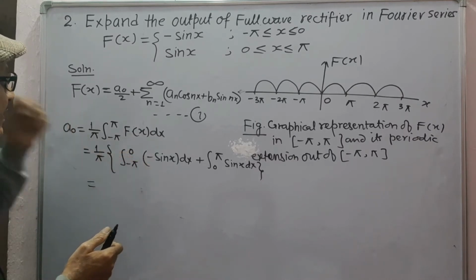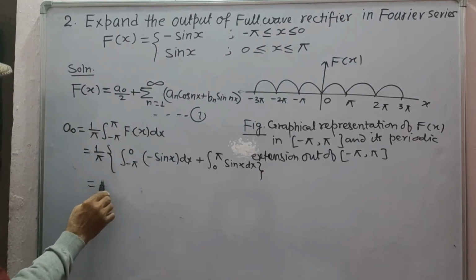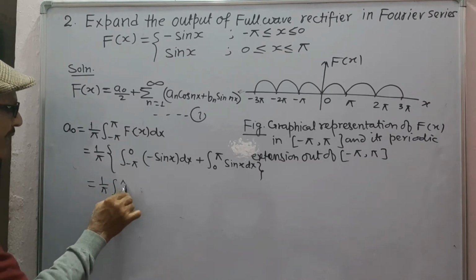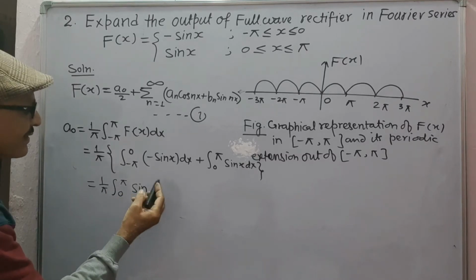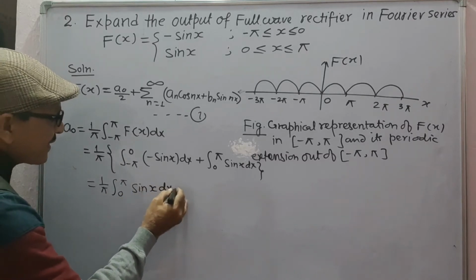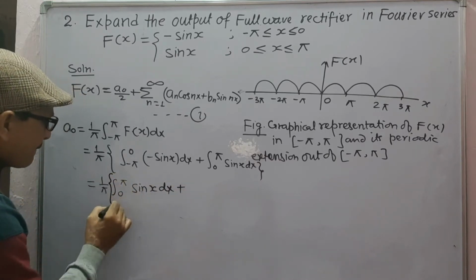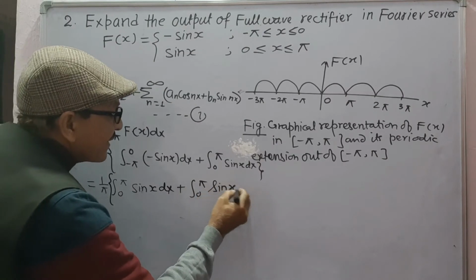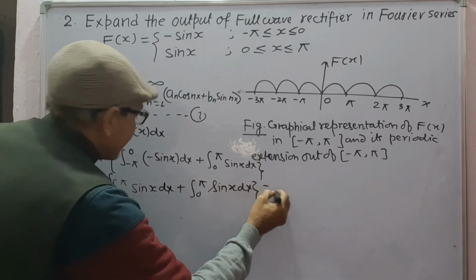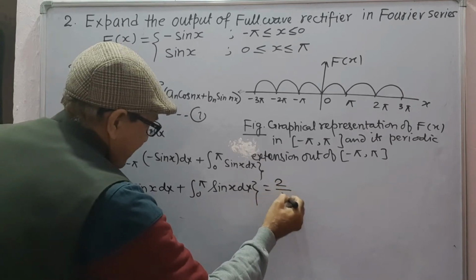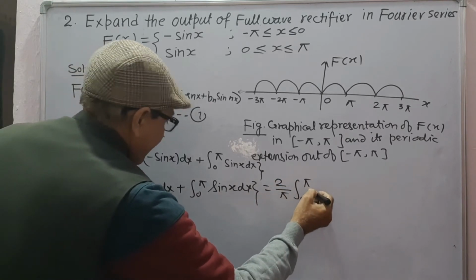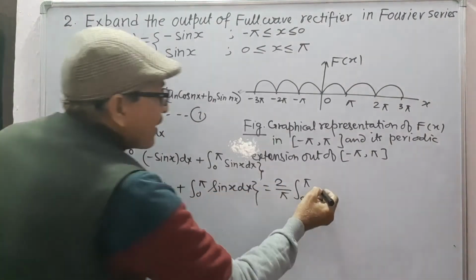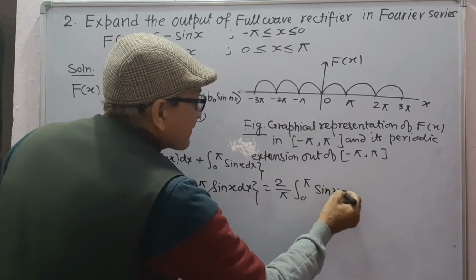This minus into this minus gives plus, so this becomes 1 upon pi integral 0 to pi sin x dx plus integral 0 to pi sin x dx, that is 2 upon pi integral 0 to pi sin x dx.